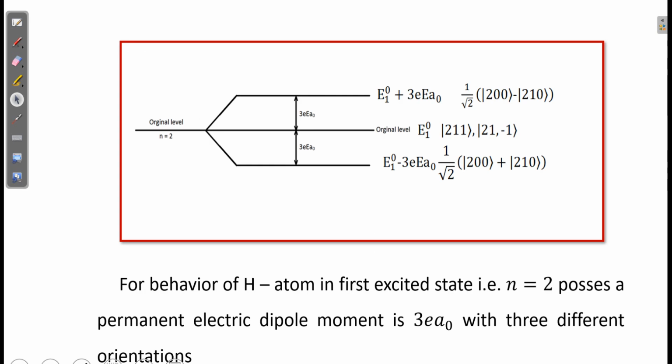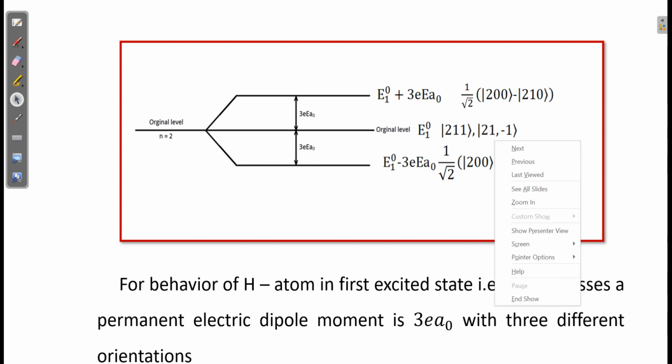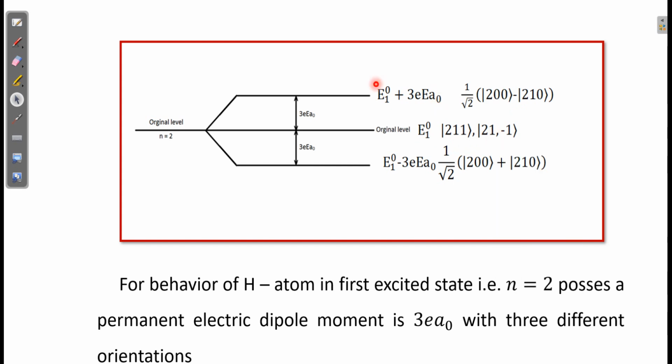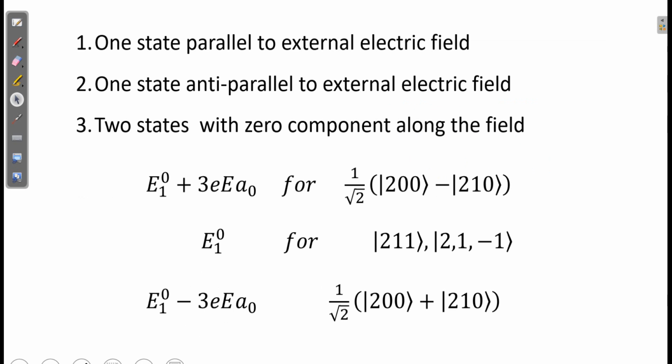Two wave functions are in this level, psi 211 and psi 21 minus 1. This is a positive energy change state, this is a negative energy change state. This is for this wave function, and this is for this wave function. This is the end of my lecture.